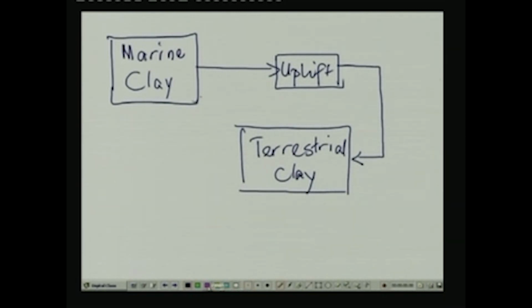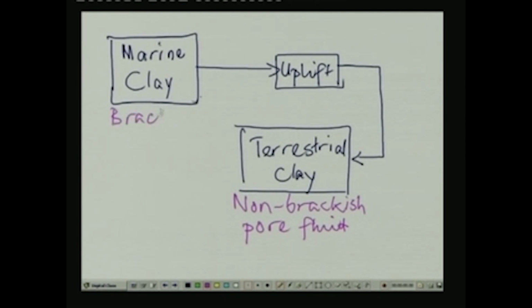If you consider this type of transition, then this one has fresh, non-brackish pore fluid, and this one here has a brackish or saline pore fluid.